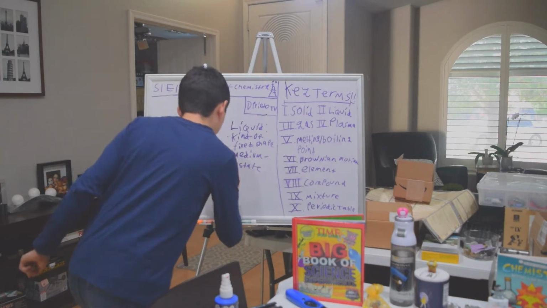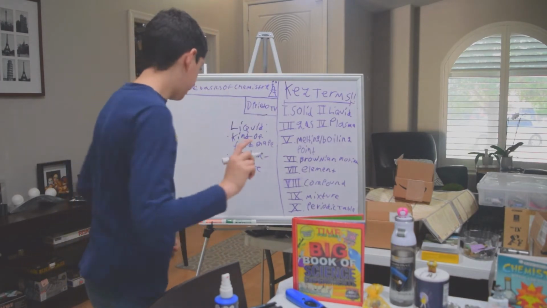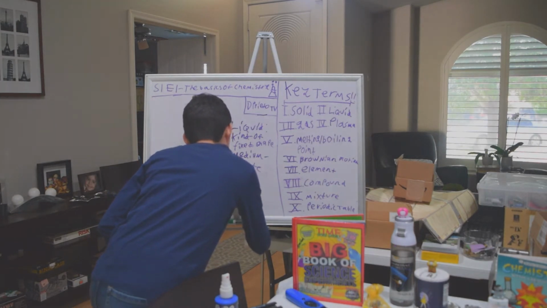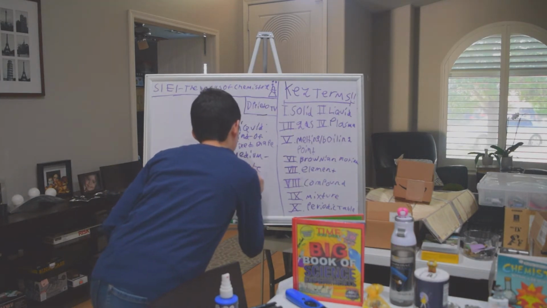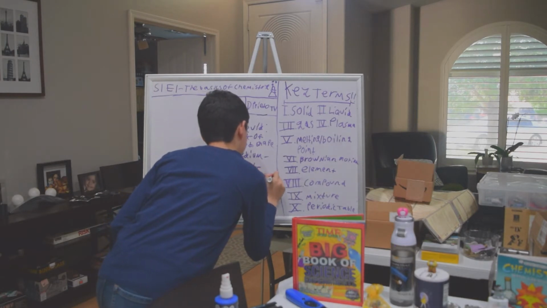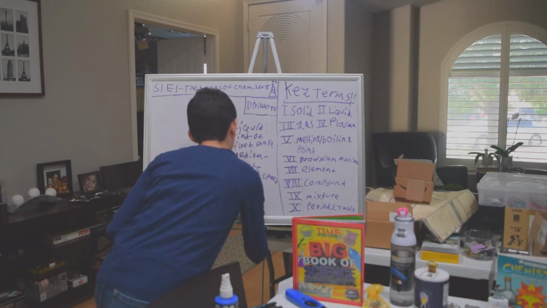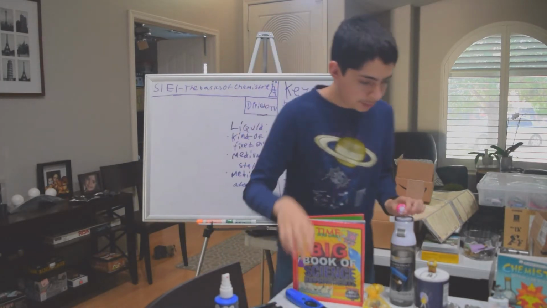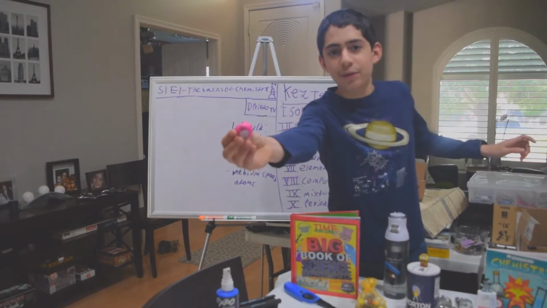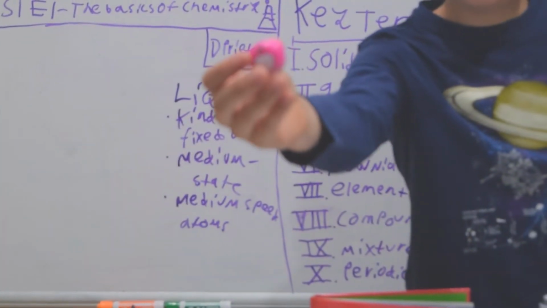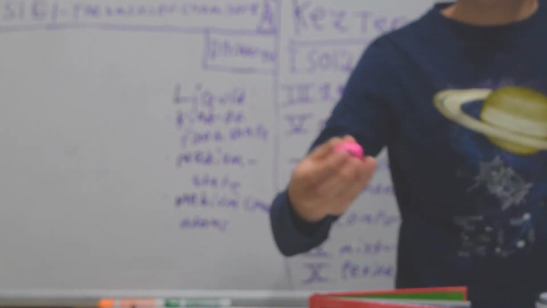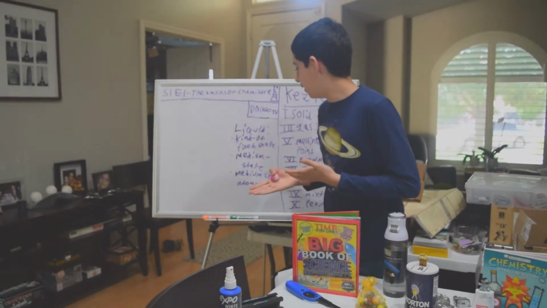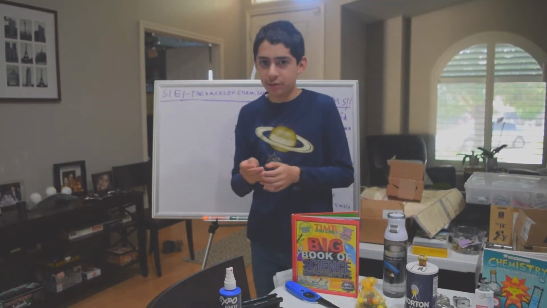Another point about liquids is that they have medium speed atoms. Let's take our little model atom again. It doesn't move incredibly fast. Liquid is basically the middle line of all the states of matter, with all the middle-line characteristics.